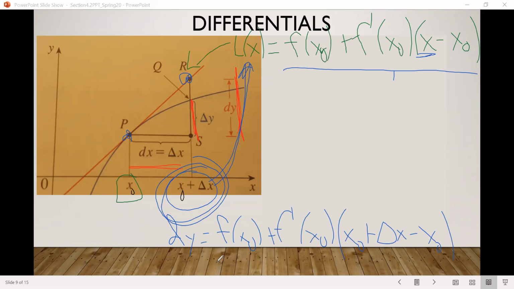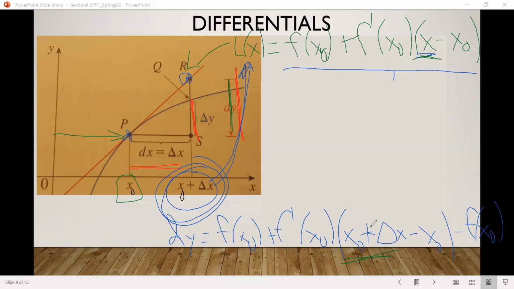Okay, because this x sub naught plus delta x is just taking the place of the x here. And then we're trying to find this distance dy, so we need to subtract the output value of x sub naught, which we know is just f of x sub naught, right? Because that is right on the function.